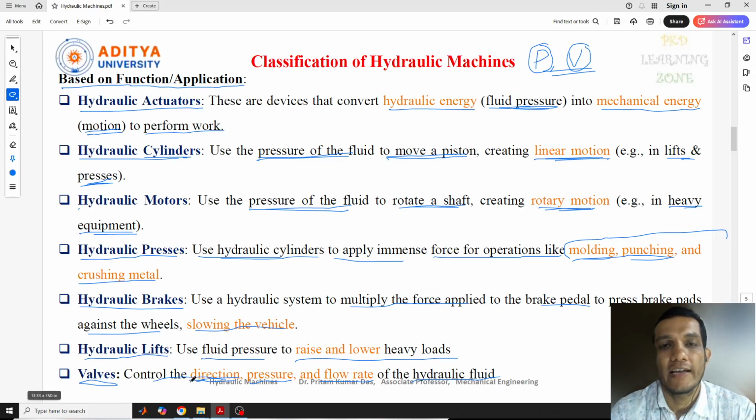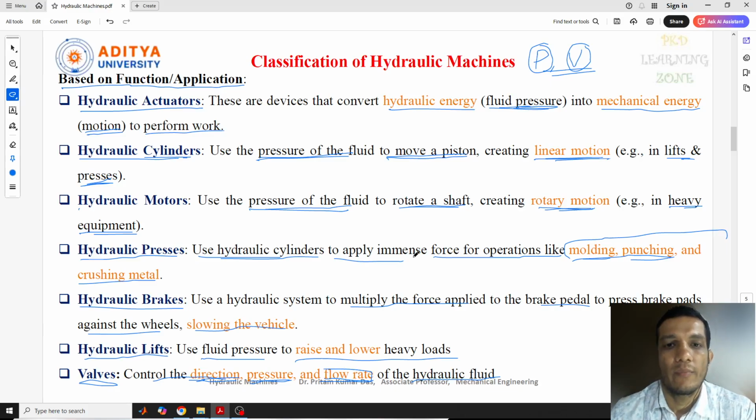If you want to change the direction of the fluid, that can be done with the help of the valve. If you want to change the pressure of the fluid, it can be minimized or increased with the help of the valve. We can also control the flow rate of the fluid.